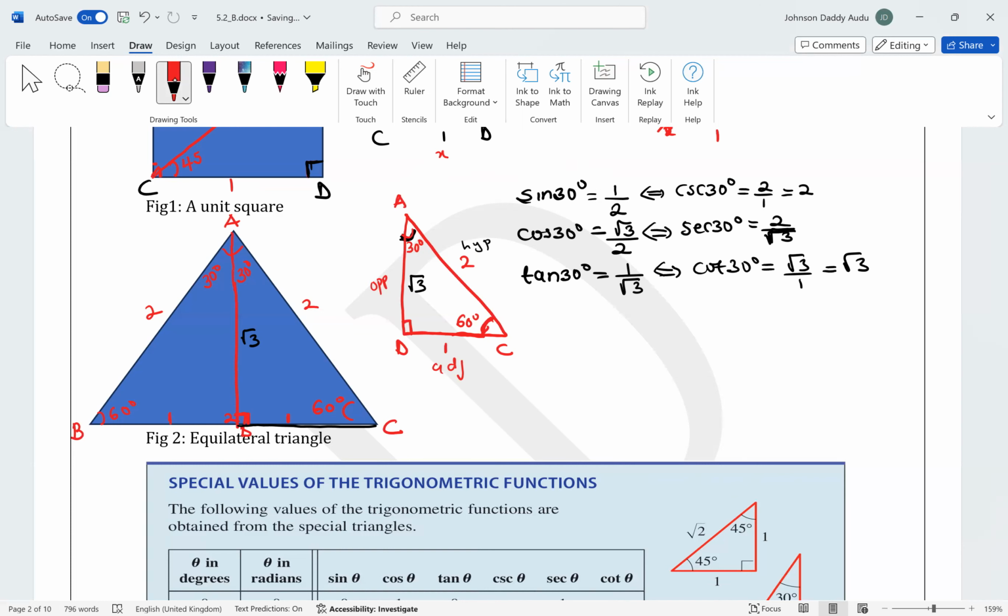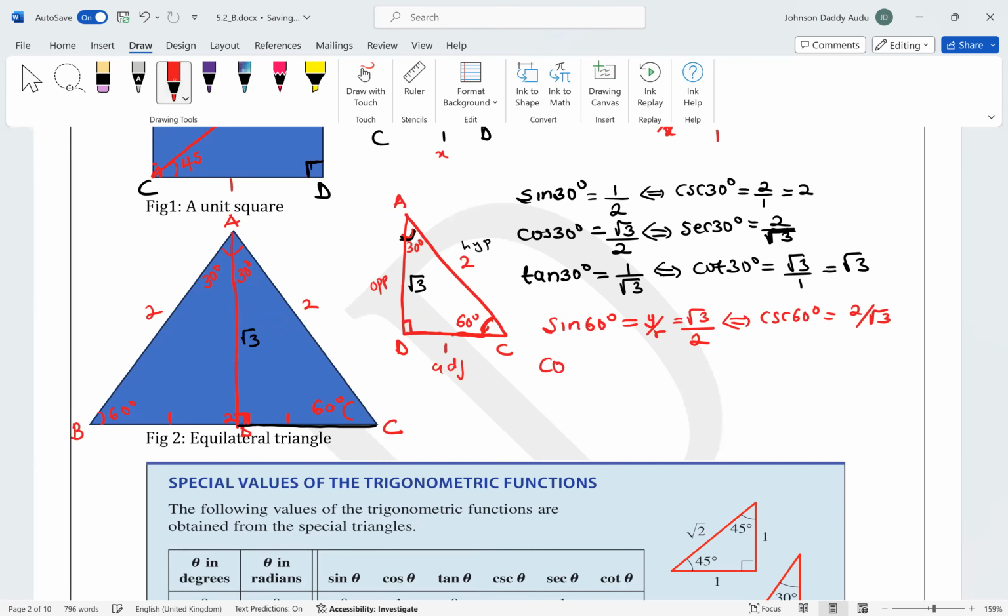Okay. So from here, we can go with sine of what? 60. Sine 60 is still going to be y over r. In other words, it's opposite over hypotenuse. What is our opposite? Is this place now, which is going to be root 3. Then the r has not changed, which is still the hypotenuse, which is 2. And this means that we can get cosec 60 to be 2 over root of 3.